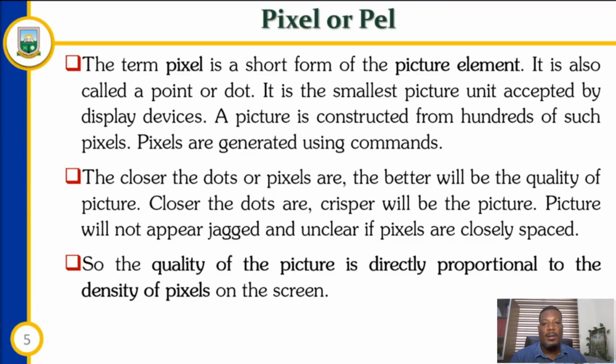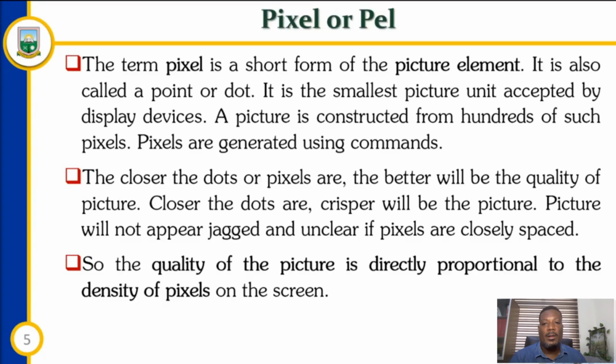The monitor has been structured in such a way that it accepts the smallest picture units, which is what we call a pixel. A picture is most of the time constructed from thousands of such pixels, so we have lots of pixels coming together to form a picture. Most of the pixels are generated using commands.